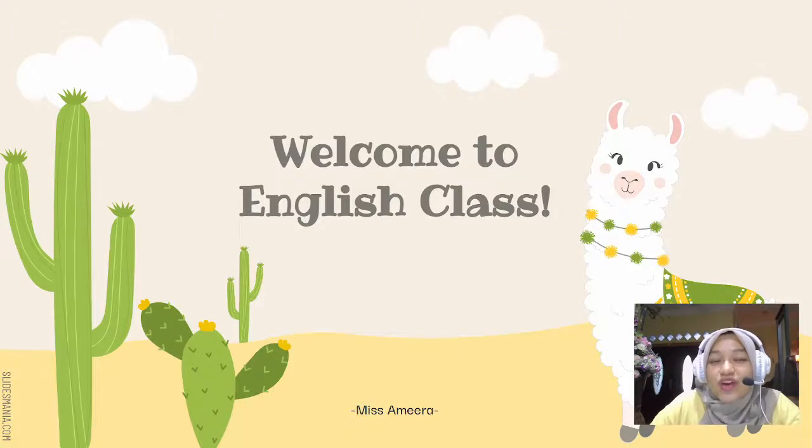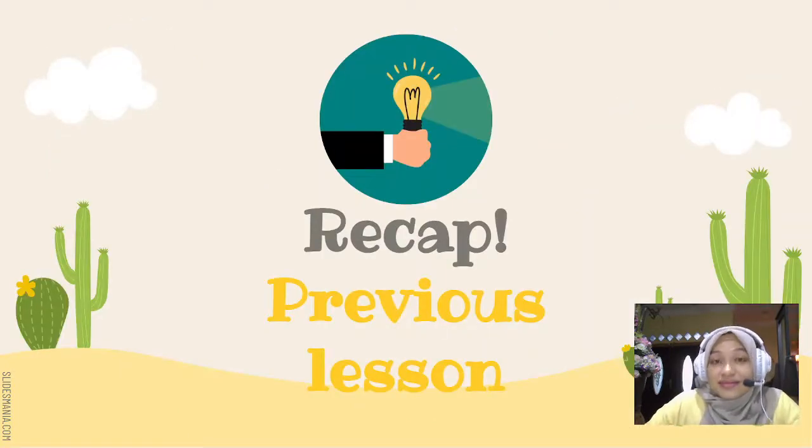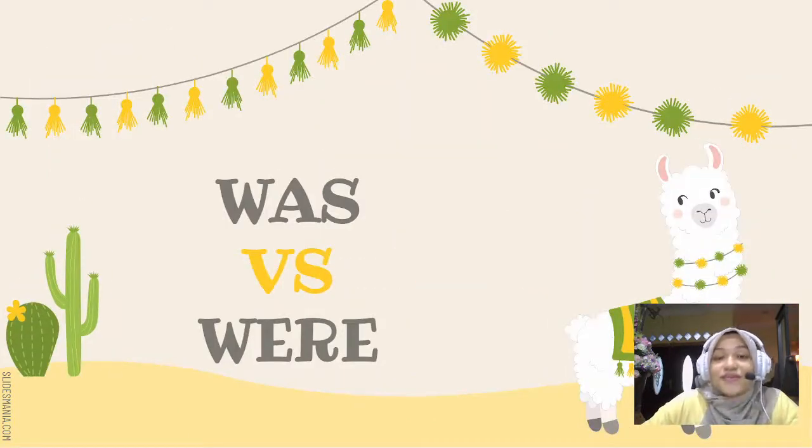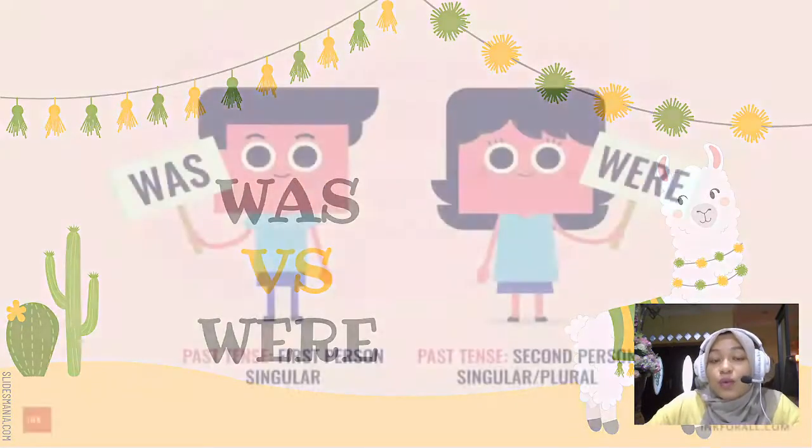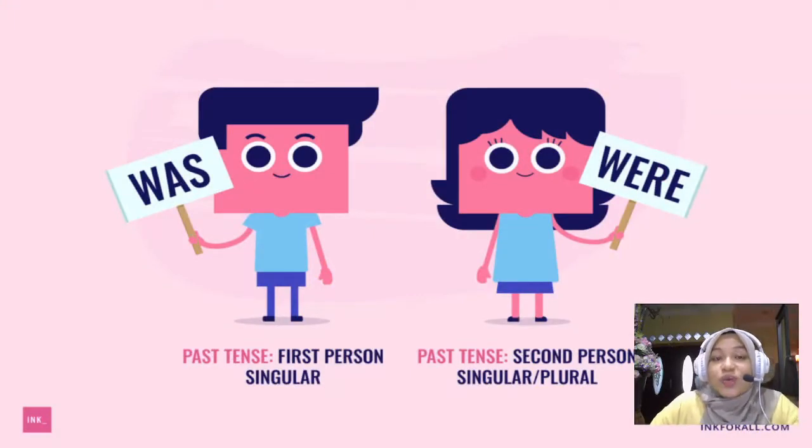So today we are going to master our previous lesson that we already learned before in our previous class, which is about was versus were. I'm sure all of you already know about was versus were, that we use was for a singular person, for singular noun. Singular means one person.